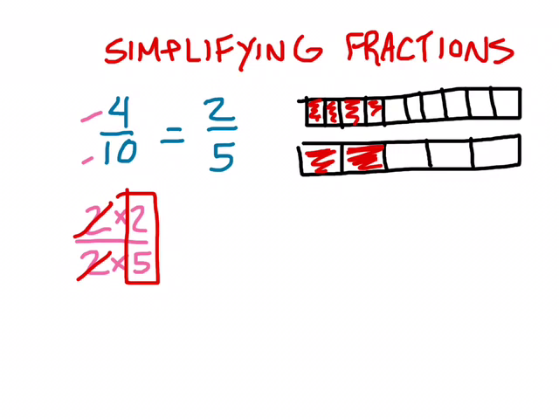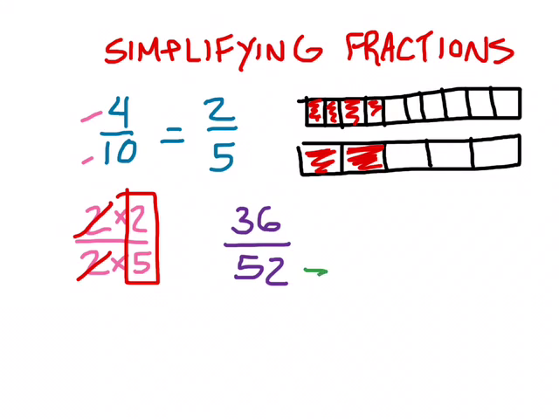And the reason I like this method is because it works on pretty complex looking fractions. For example, let's say that I have 36/52. 36/52 seems like it would be really difficult to simplify, but if I know my multiplication facts, it's actually really not that bad.